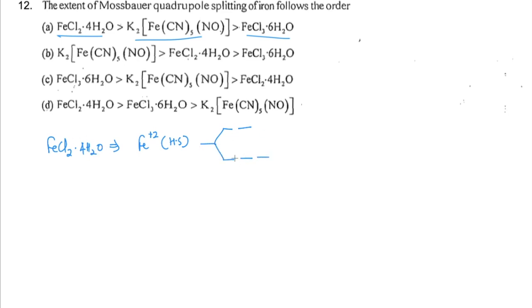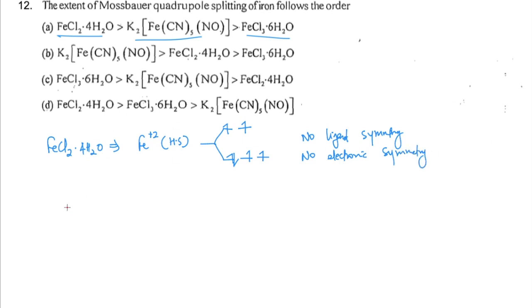When you fill these 6 electrons like this, you will see that neither are the ligands symmetrical, because you have two different types of ligand, nor is the electronic symmetry there. So no ligand symmetry and no electronic symmetry. Both these symmetries are absent in this particular case.